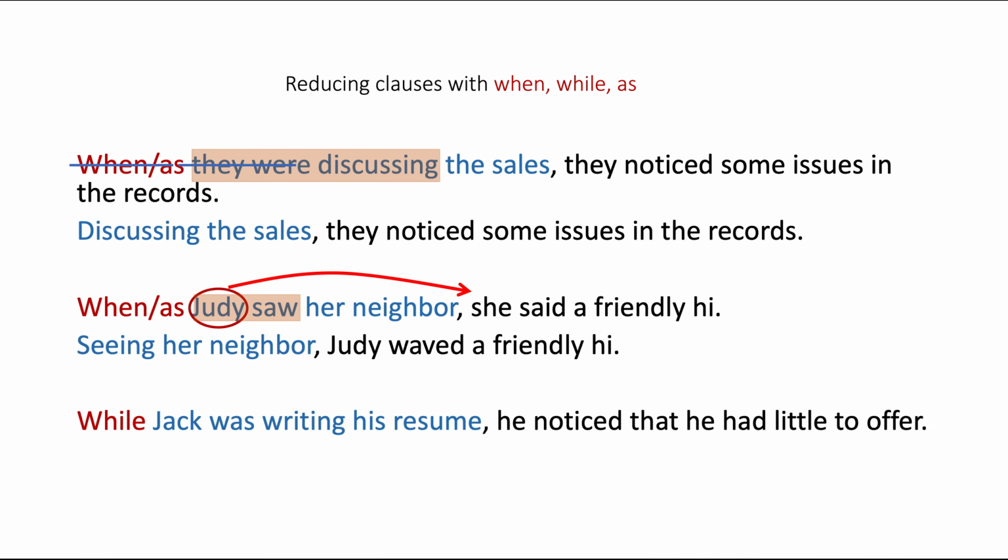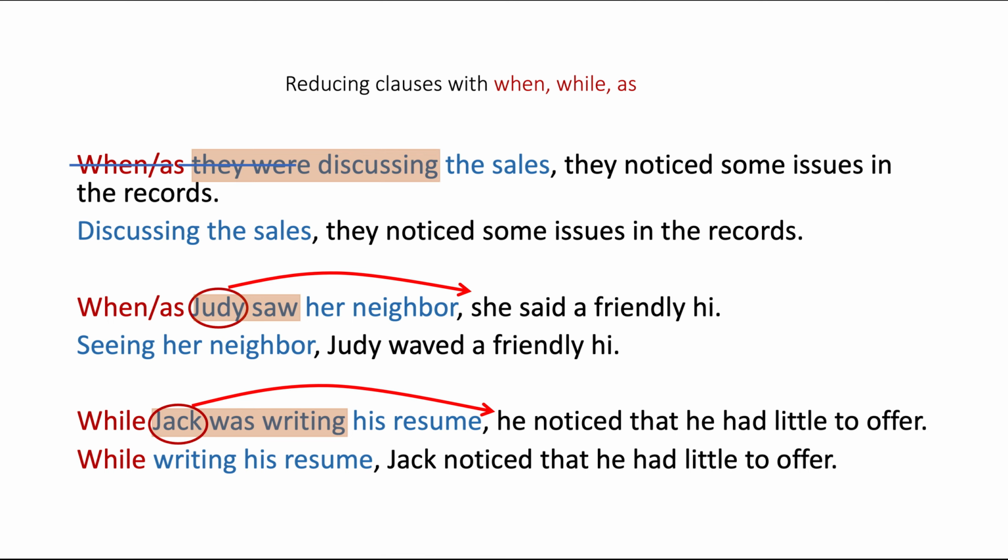While is different. All the rules are the same in terms of the verb and how to change it to the participle form, and how to even move the main reference to the main clause. All of these are the same. The only difference is that we cannot remove while, and that is just a rule.